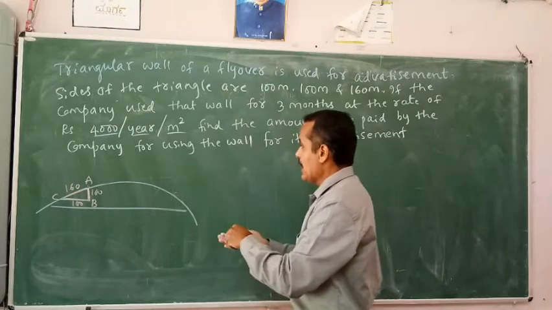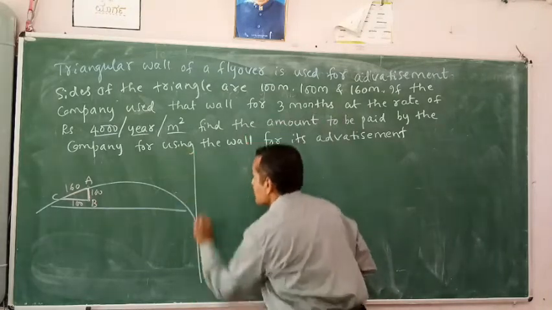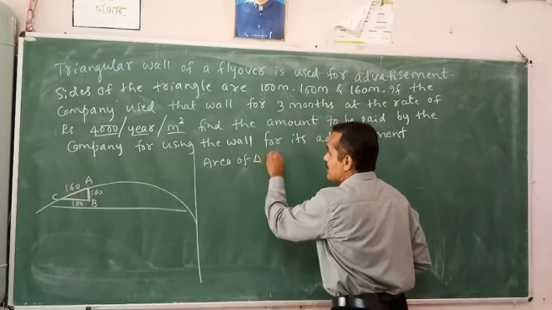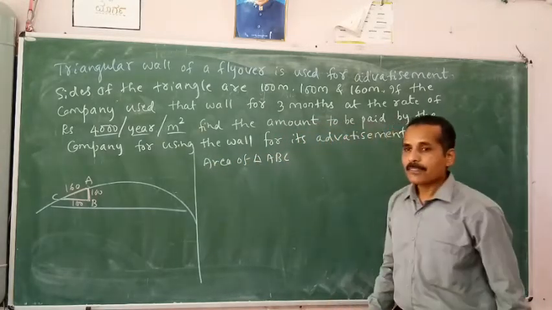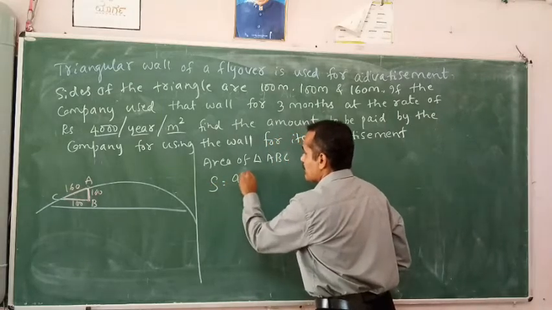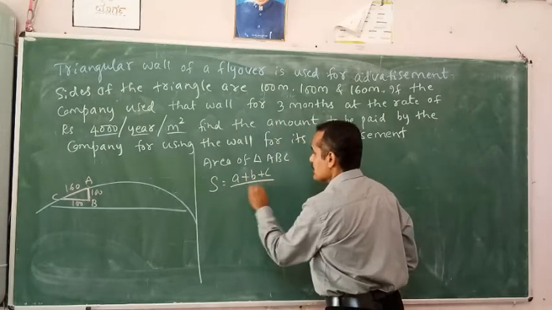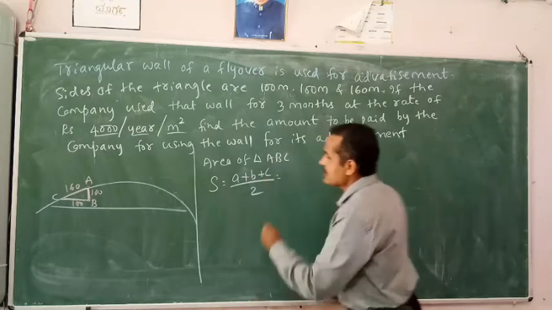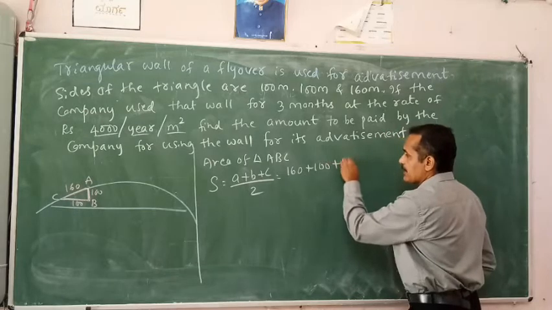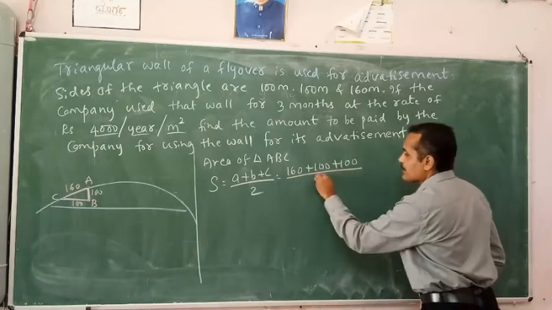For that, I will find first area of triangle ABC. For that I need S. S is equal to A plus B plus C divided by 2. That is 160 plus 100 plus 100 divided by 2.